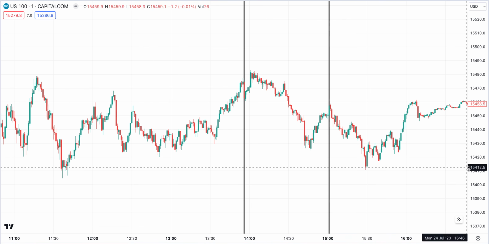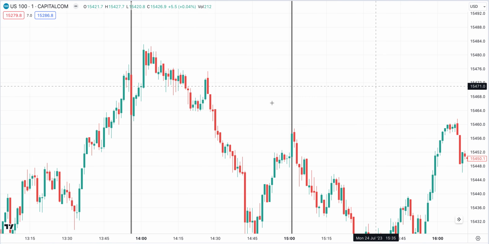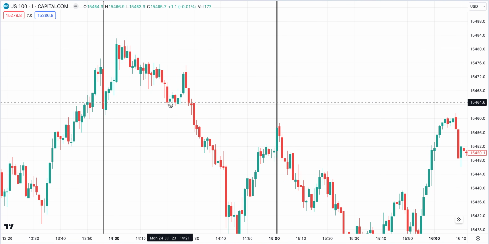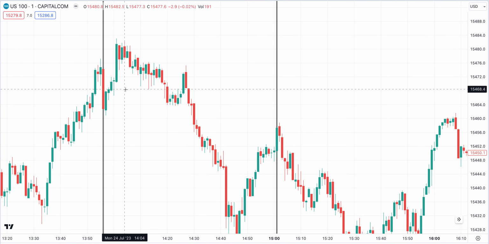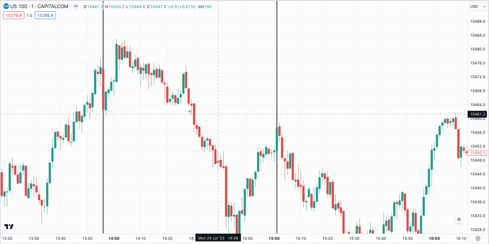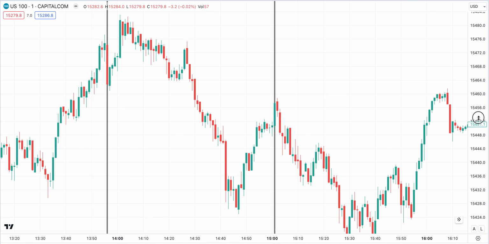Inside here we are looking for, first of all, fair value gaps. That's going to create an institutional swing point. This is all on the 1 minute chart. So I'm looking for fair value gaps, inversion fair value gaps. And I'm only looking for fair value gaps down because the market went down during this time.